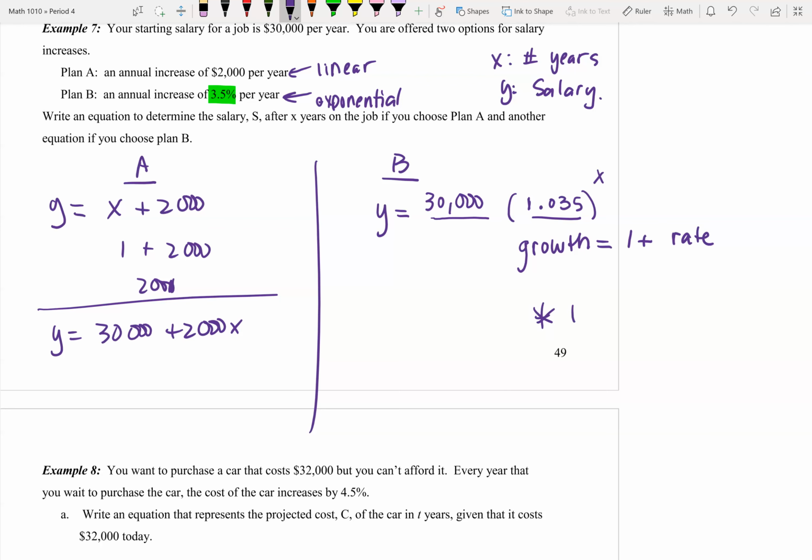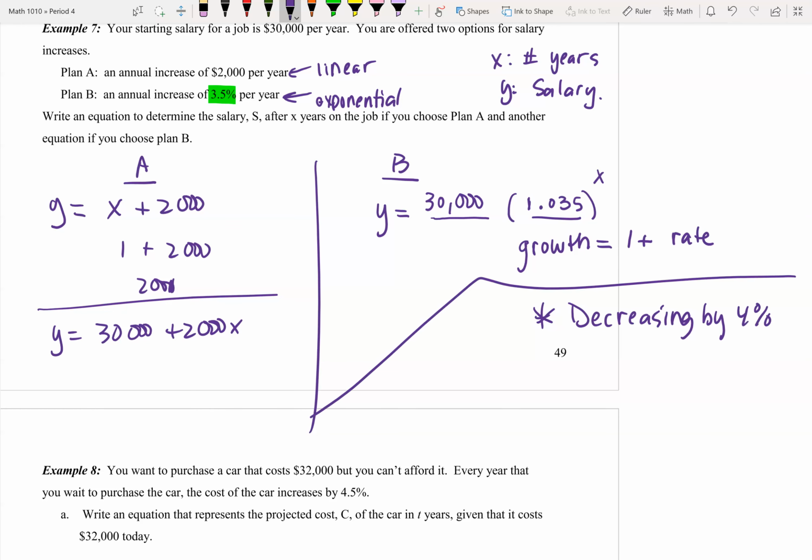So what if it was decreasing, let's say by 4%? Then your equation would be y equals, the 30,000 always goes here. Now, if it's decreasing, I know that number is supposed to be less than 1, right?